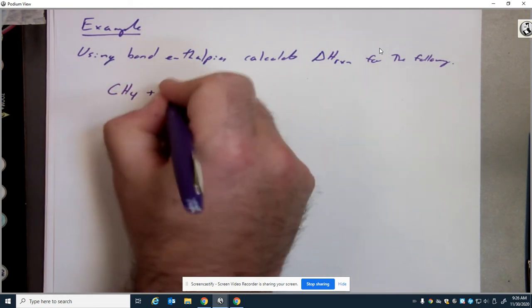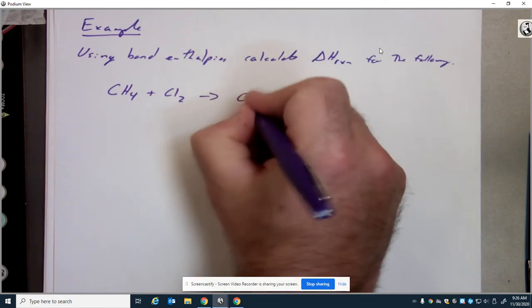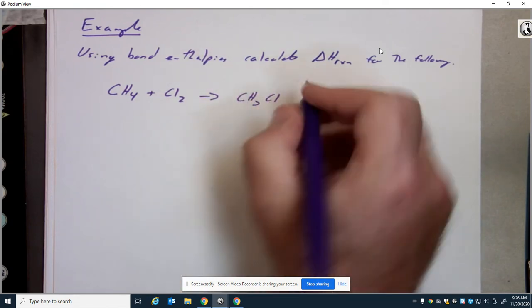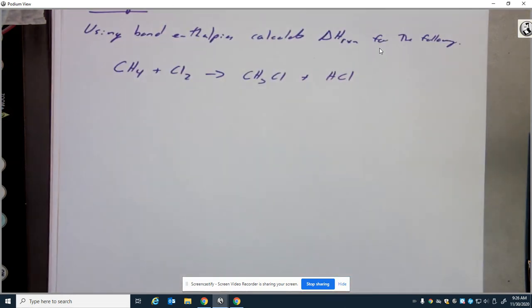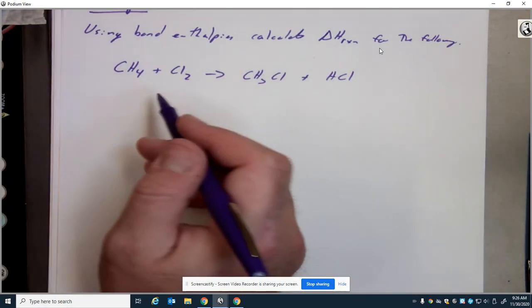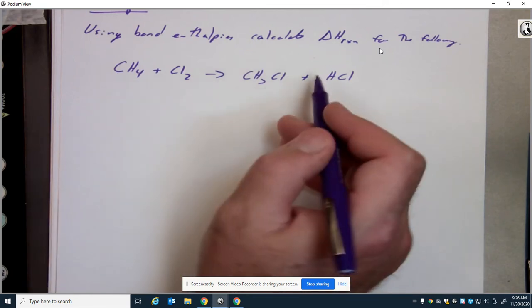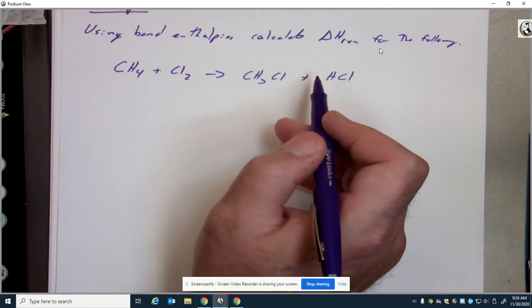CH4 plus Cl2 goes to CH3Cl plus HCl. Okay, so this is an organic reaction, but what we're going to do is estimate the delta H of reaction by looking at the breaking and the making of new bonds.